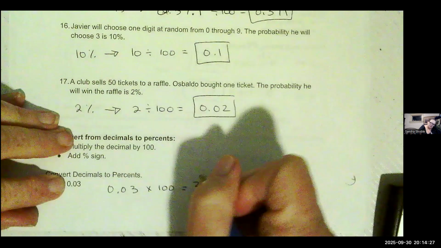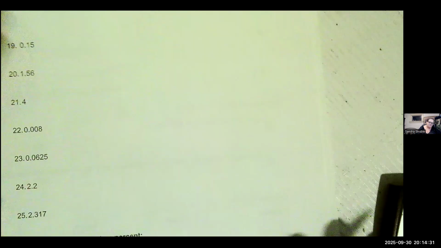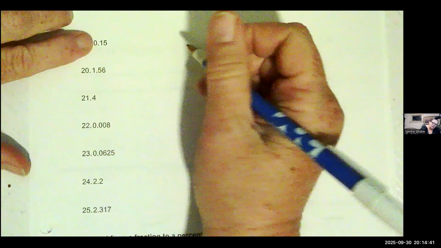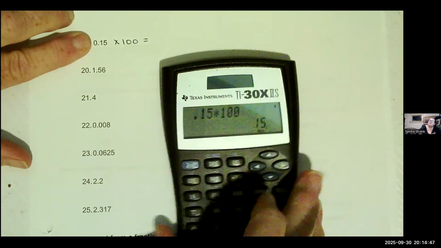Okay, that is my answer. Decimal to percent. I'm going to do the next one, then I want you to pause the video and do the next one yourself. 0.15 to a percent is going to be 0.15 times 100, and that's 15%. Don't forget your percent sign.